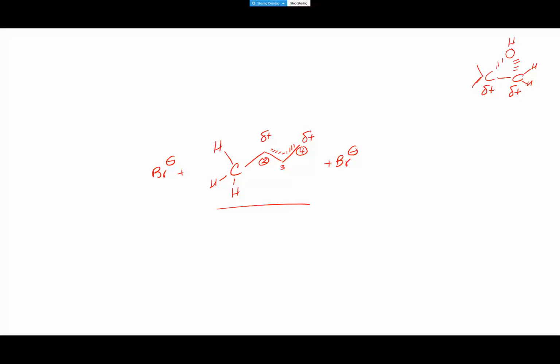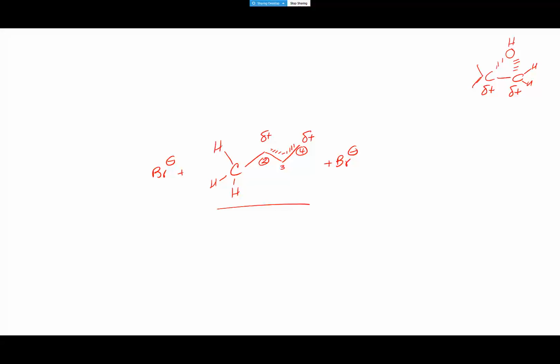Now, you could make an argument for 4, probably based on sterics, but in this case, it's really going to depend on the amount of delta positive charge. Because basically, we're doing an SN1 reaction, right? We're doing an SN1 reaction because it involves a carbocation.